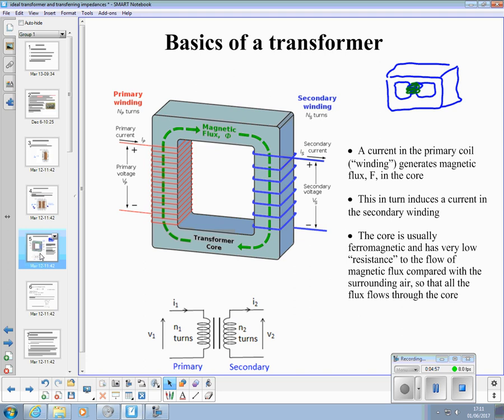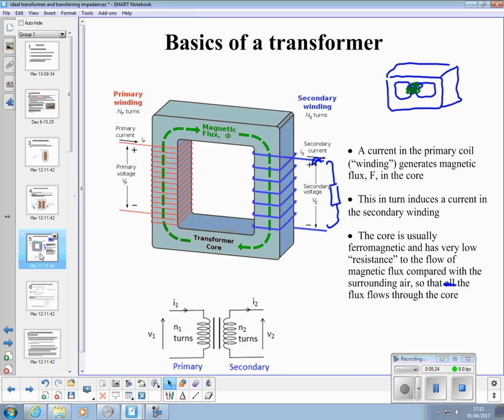So if we connected a load to this end, like so, you get a current flow. The core is ferromagnetic, with very low resistance to flux compared with the surrounding air, so most of the flux flows through the iron core.